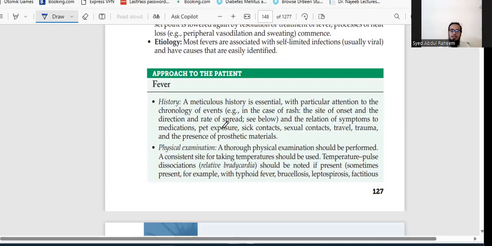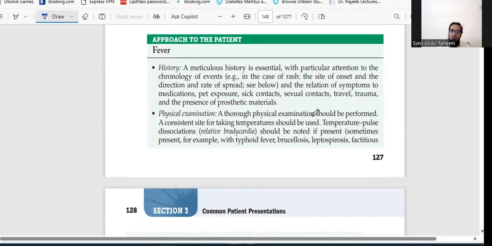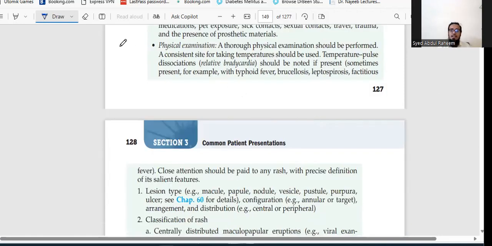What type of history? The onset, when the fever started, any symptoms, any medications, any trauma; you have to ask everything. And you have to do a physical examination. This is very, very important.